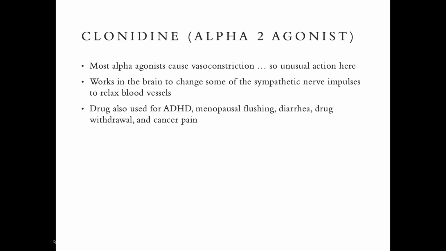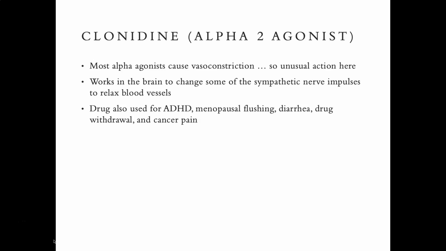But what I want you to know about this is clonidine is used for hypertension. It is an alpha agonist, but it's an odd one because almost all other alpha agonists cause vasoconstriction. Not this one, though.